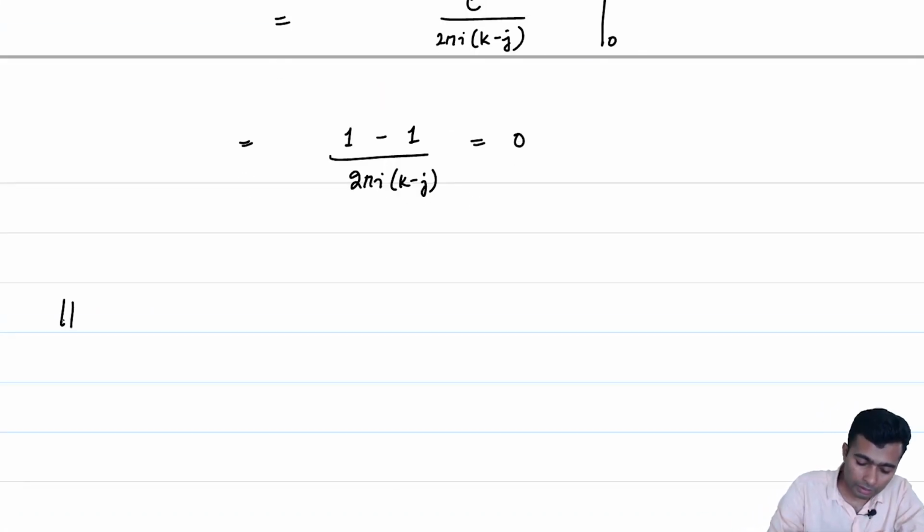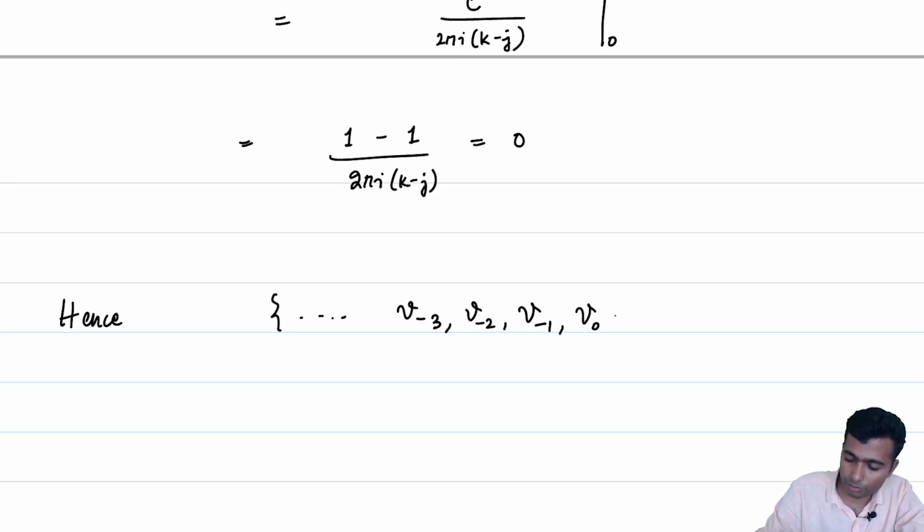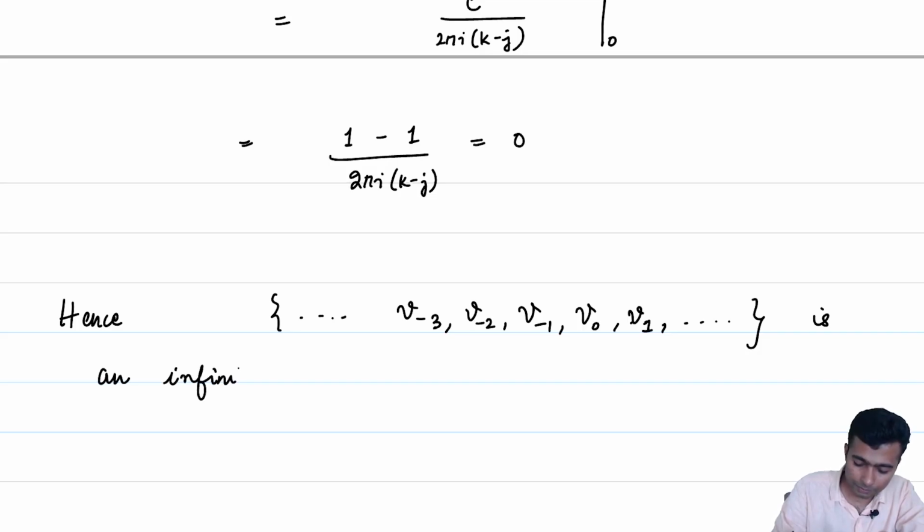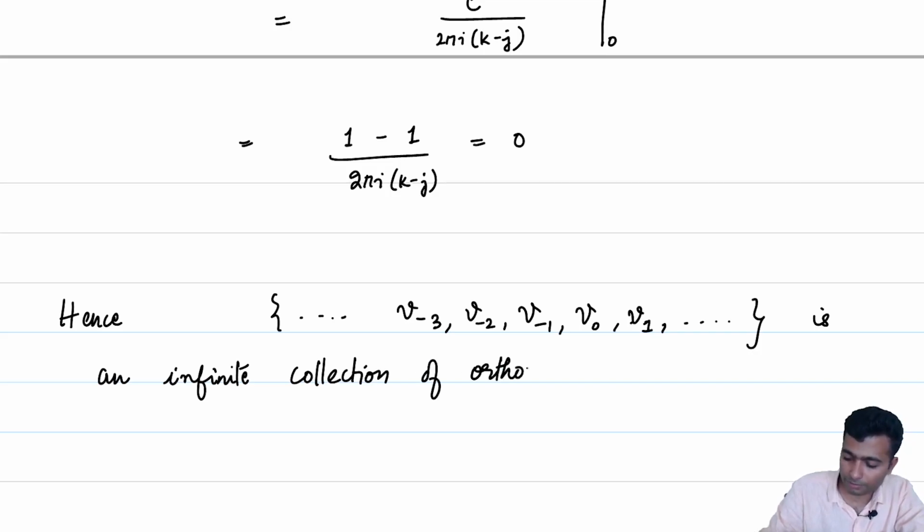So hence the collection v minus 3, v minus 2, v minus 1, v0, v1, dot dot dot, is an infinite collection of orthonormal vectors.